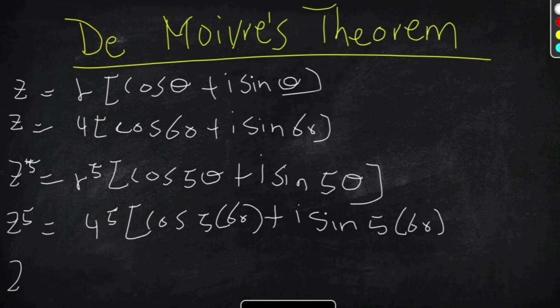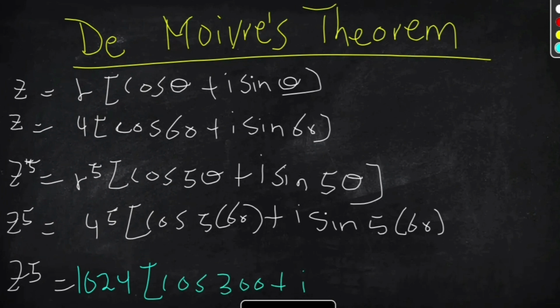This gives z exponent 5 equals 1024 into bracket cos of 300 plus i sine of 300.